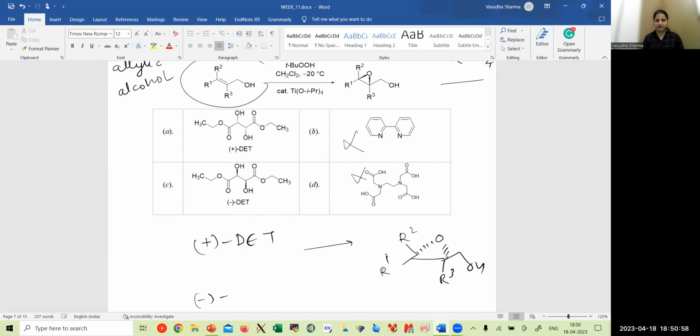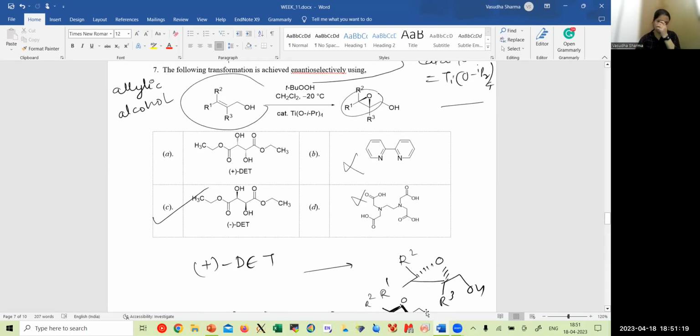And if we are starting with the negative, we will end up having the other one. So because it is having a wedge one, the C option is the right one. So you need to be very careful to identify the chiral ligand or the substrate. The region is very important.